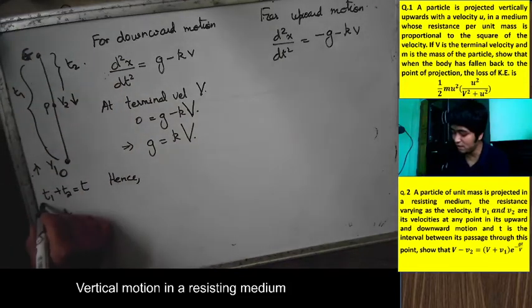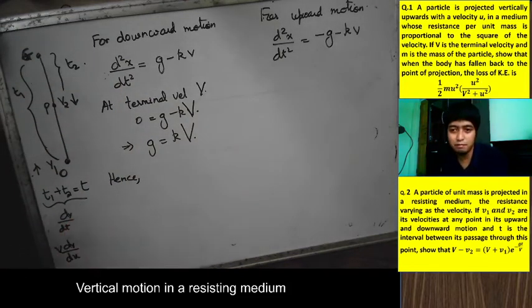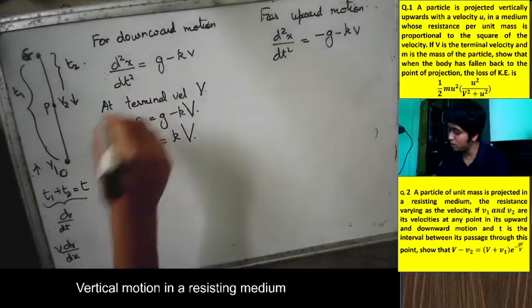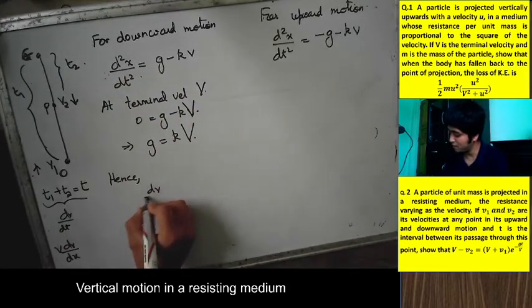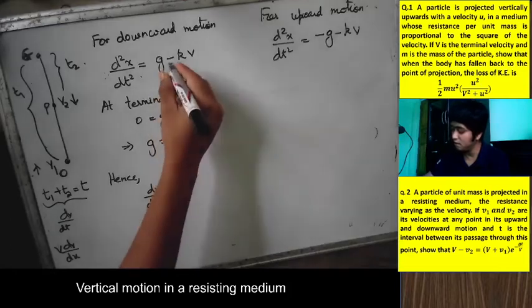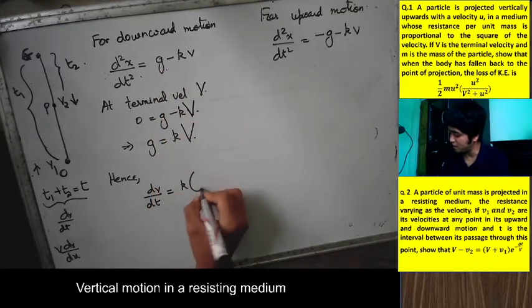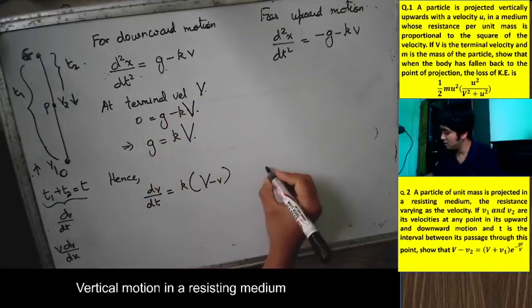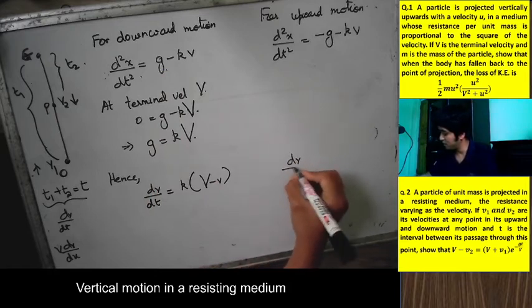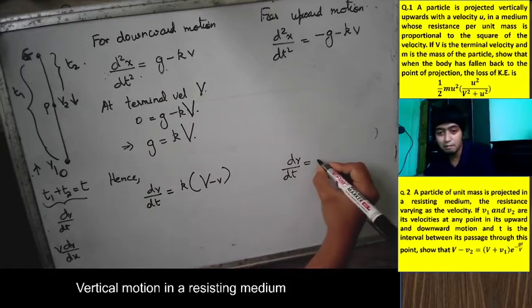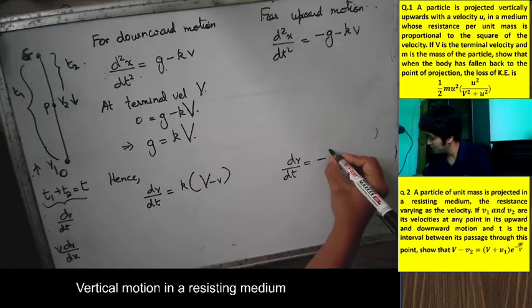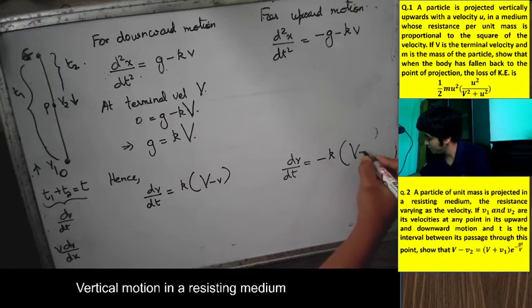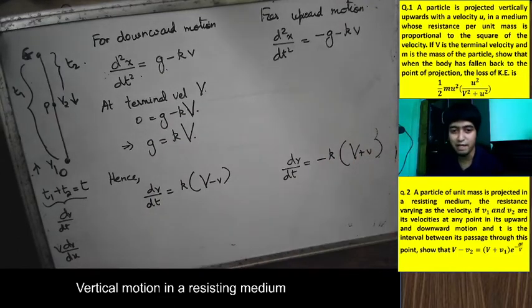If you take a look at the question, that's why we will be using dv/dt. Hence dv/dt, with g written as kV, and minus kv plus v. So this is what we will be having.